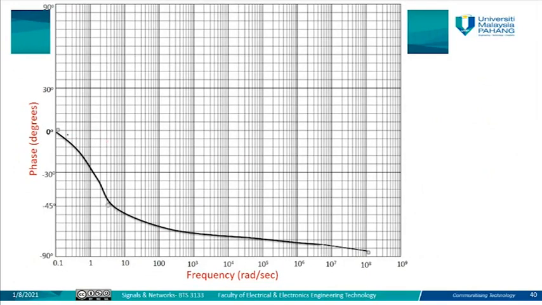This one from 0, then it goes to 45, then from 45 it goes to 90, and from 90 it goes to infinity. We showed this drawing using MATLAB, but if I draw it by hand using a linear approximation, it will be straight, like this one: it goes down 45, then goes straight.